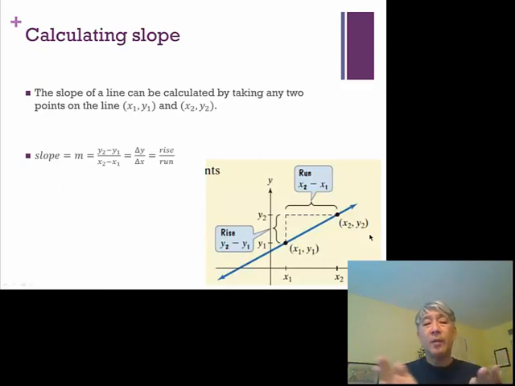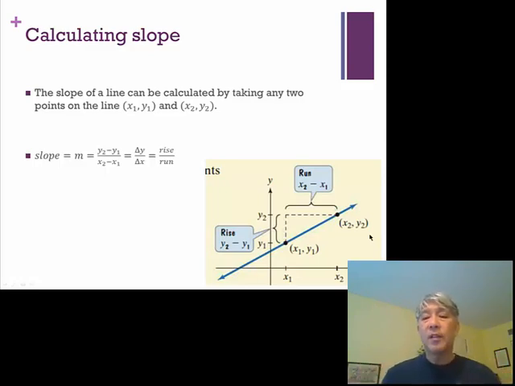Okay, like I said, m is the slope, and I can calculate the slope of a line as long as I have any 2 points on that line. Okay, and so if I have 2 points of data and it looks linear, I can more or less calculate a slope by just taking y2 minus y1 divided by x2 minus x1. Okay, sometimes we describe this as delta y over delta x or rise over run.